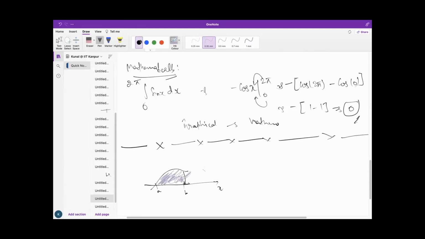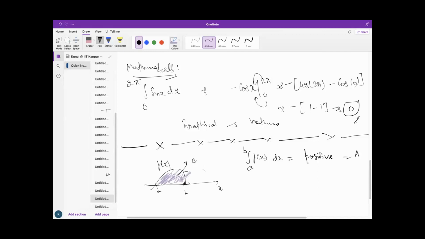Okay, this is our required area. And this is our function fx. So integration of a to b fx dx is positive, and which is equal to A, because the area given is A.